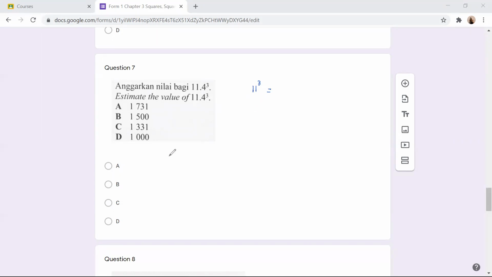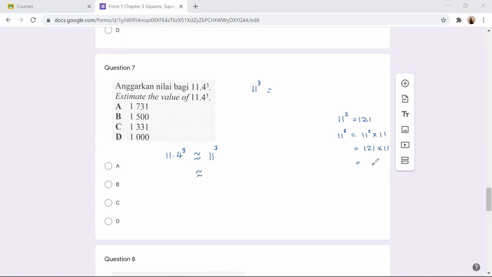this, 11.4 cube. It's approximately near to 11 cube, which is approximately equal to, now you see 11 squared is 121. So 11 cube basically is 11 squared times another 11. So 121 times 11.